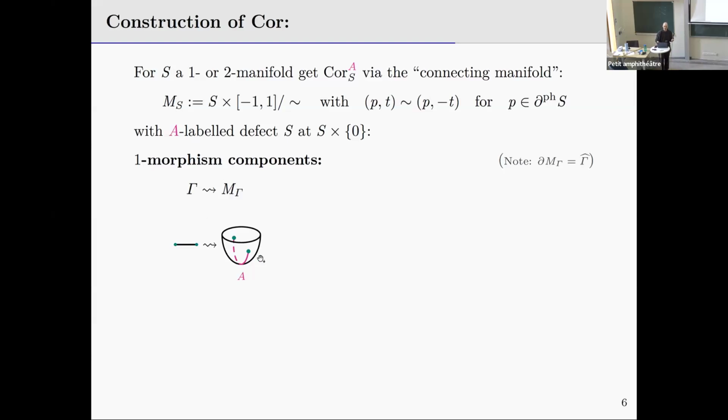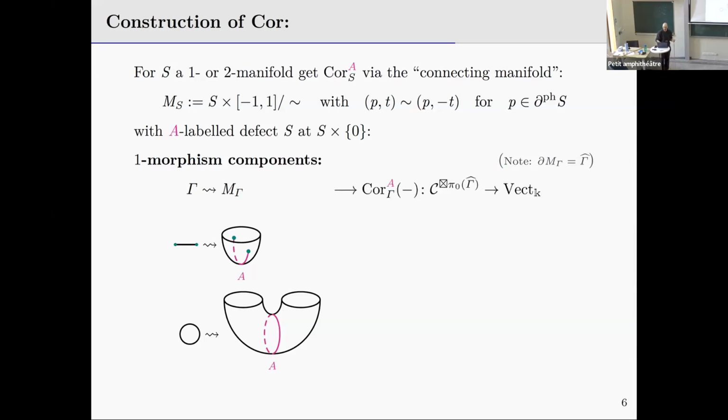And if you do this for the interval, then you will find that you will get this cup morphism, but now with this interval embedded here, and I label this with the label for my surface defect, which I'm still not telling you what it is precisely. For the circle is a little bit easier. It's just a circle across a cylinder, but I view this as going from nothing to two circles instead of going from circle to circle.